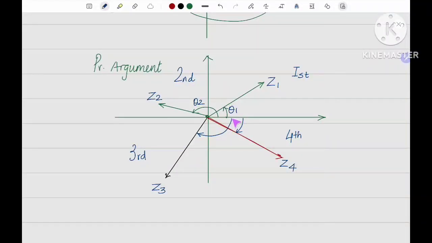So this is 0 to minus 180 degree, and if I measure this way, then the argument will be called the principal argument.